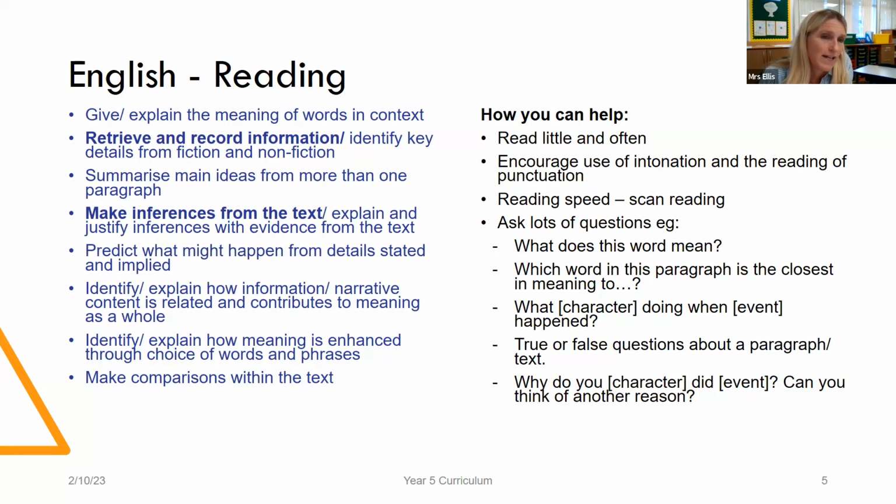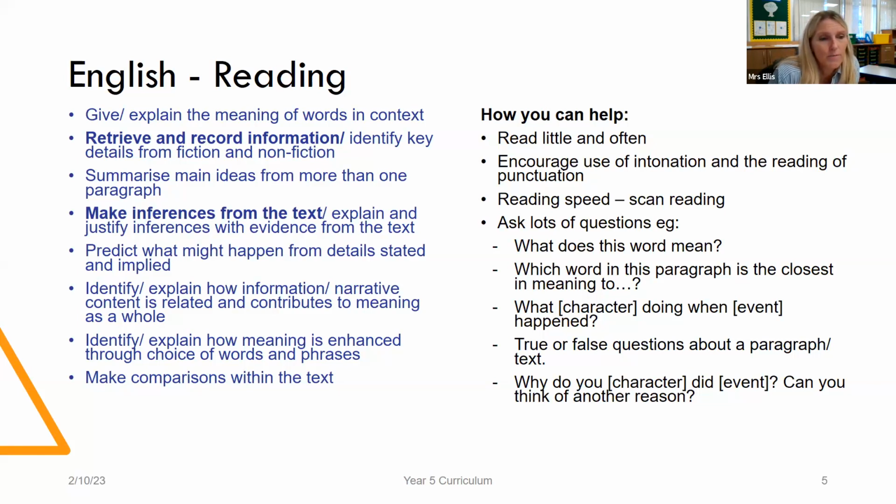So where the children read something in the text, but then they have to infer from that. What could that mean? How could we interpret it? So that might often link to something the character's done. What does that infer about what the character's like? So the children find that aspect of it a bit more challenging. We do some prediction questions in there as well.